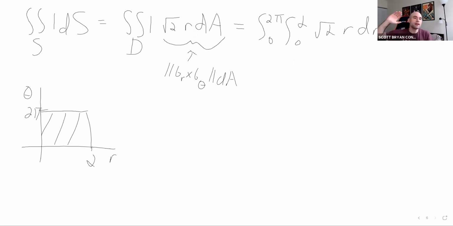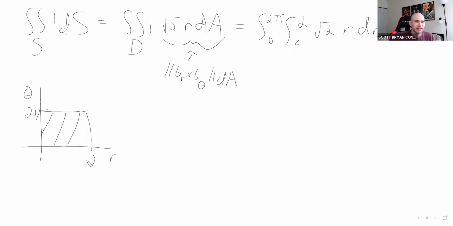So let me just say, when you parameterize your surface, how do I want to phrase this? Just ignore what we call the variables.